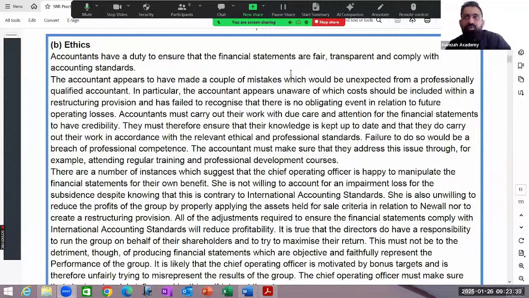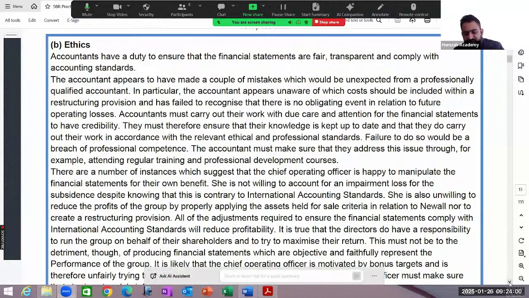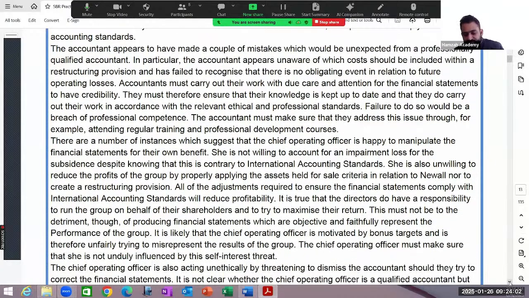You are using your influence, you are pressurizing someone to do a thing which is not appropriate as per this standard. So she is intimidating, it is also an unethical action.